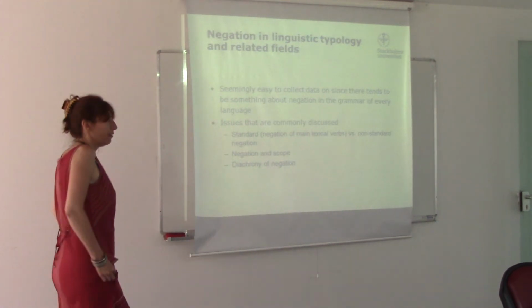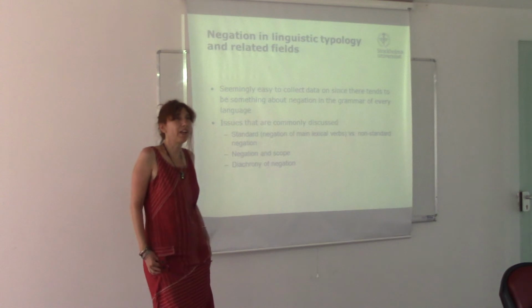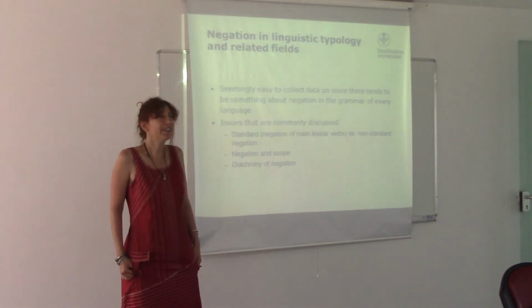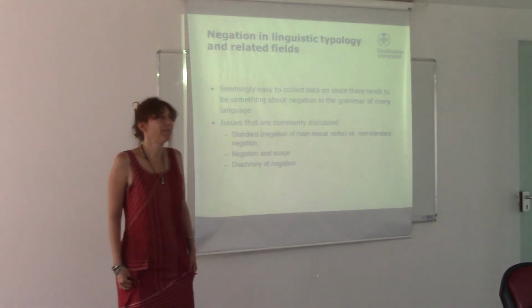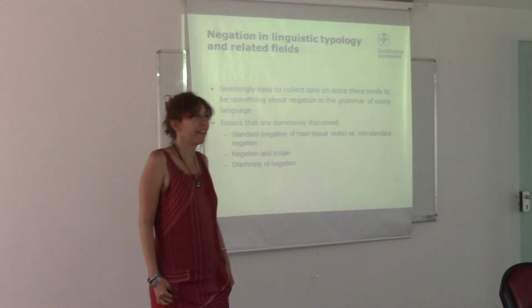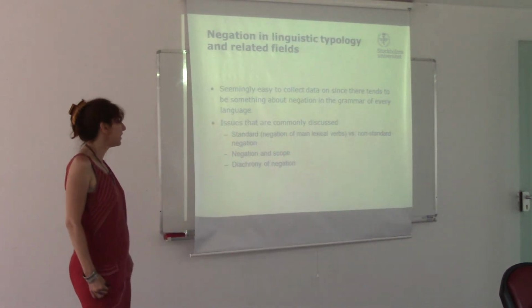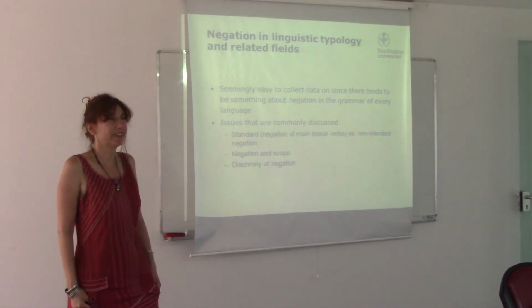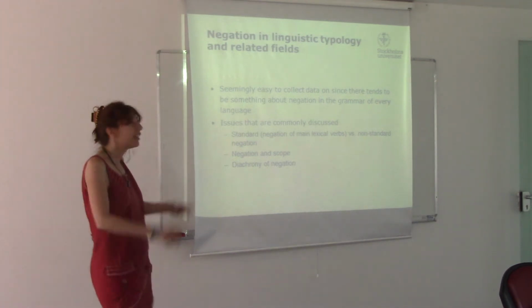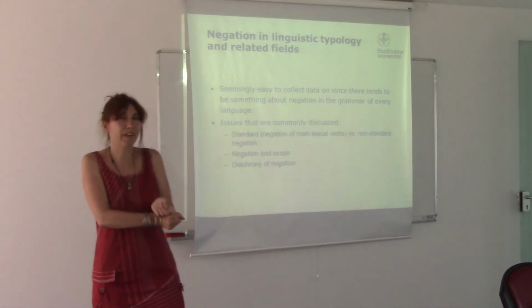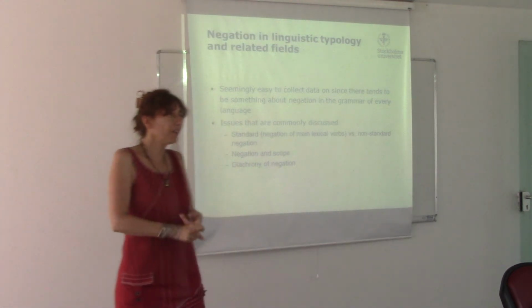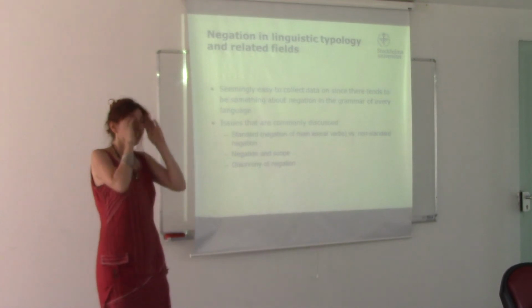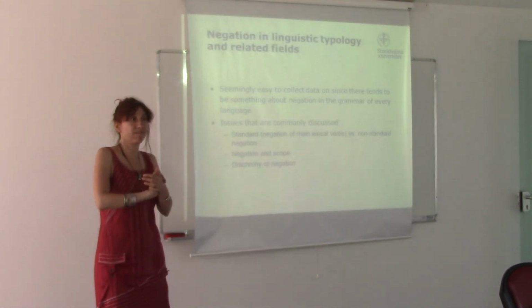Negation has been what typologists call a low-hanging fruit, because any grammar you open will have something on negation, which is why we are convinced that it is a universal. So far, we know of 3 such universal features. I believe I've mentioned them. All languages have a way to form questions.